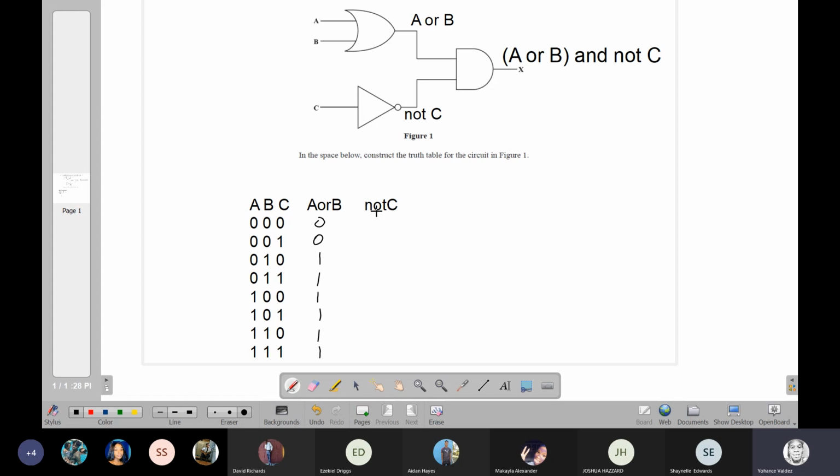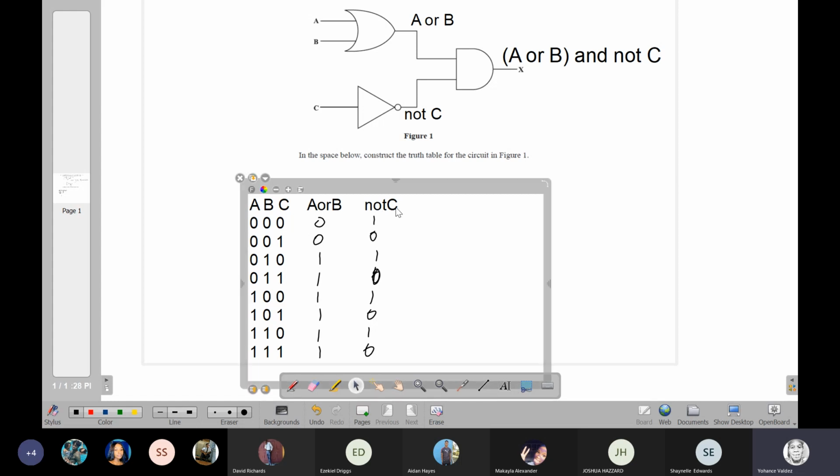Okay, then we'll do not C. So not C is just the inverse of the C column. Where there's 0, we put 1, and when there's 1, we put 0. So we end up with 1, 0, 1, 0, 1, 0, 1, 0. And then the final one is the expression itself.